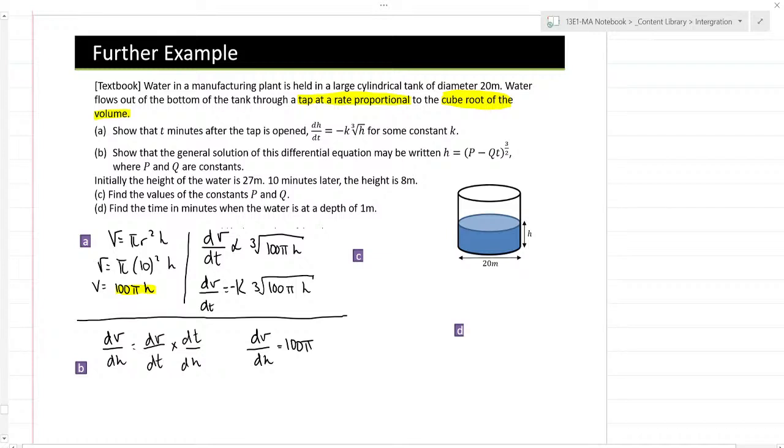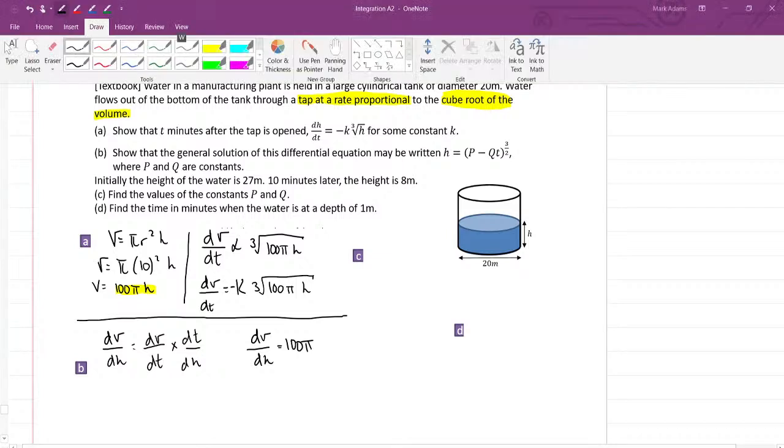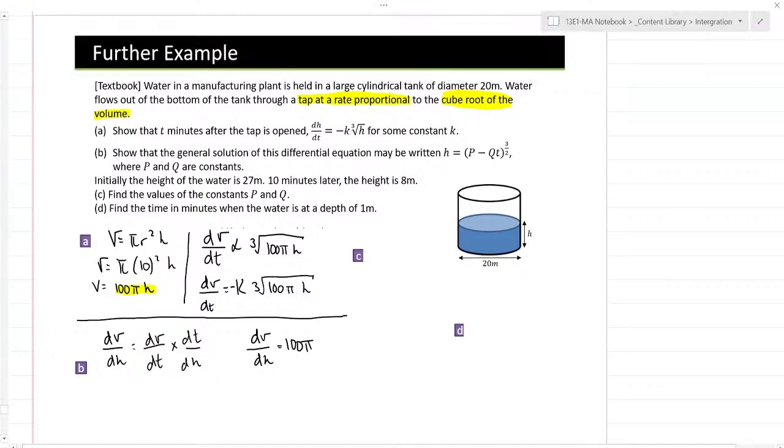And now I've pretty much got everything, haven't I? Because I know what dv by dh is, it's 100 pi. I know what dv by dt is, it's this part here, this minus k cube root of 100 pi h. And this is what I'm trying to find. So let's just sub in everything that I've got.